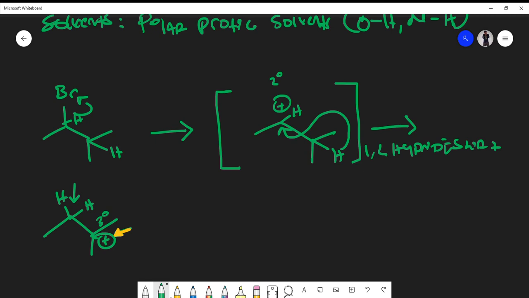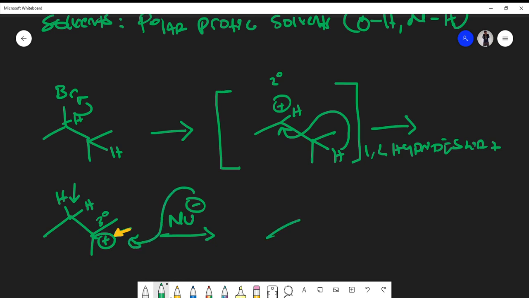Remember, we spoke about carbocations, and the idea is that if there are no hydrogens, that's a tertiary carbocation. If there's one hydrogen, that's a secondary. If there are two hydrogens, that's a primary carbocation. So we moved from a secondary carbocation to a tertiary carbocation, and this tertiary carbocation is where our nucleophile will now attack.